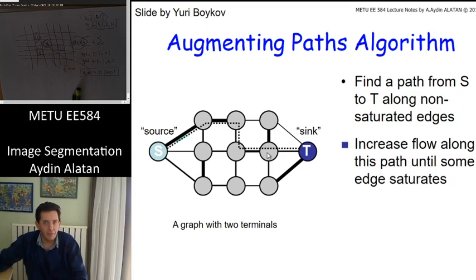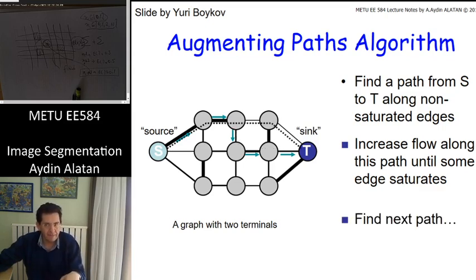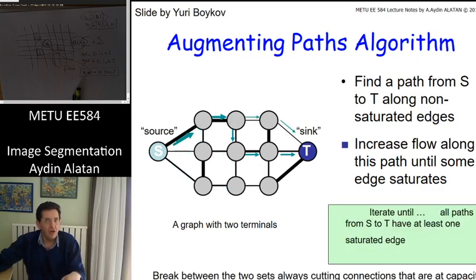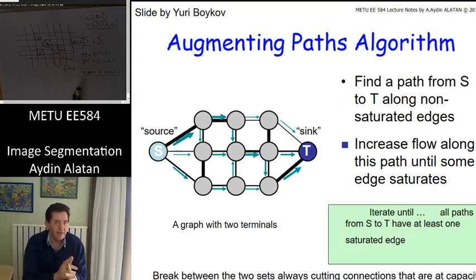These are larger, these are smaller. Now, continue to push. You cannot push here because it's saturated. Now, you go to the next path. You push, push, push. You increase the flow. You continue like this. And after some point, you cannot push water anywhere, and everything is maximum.